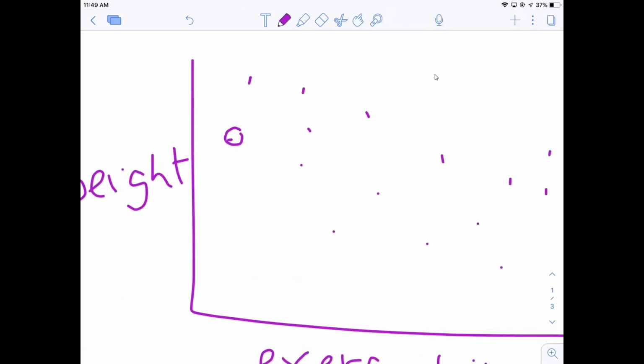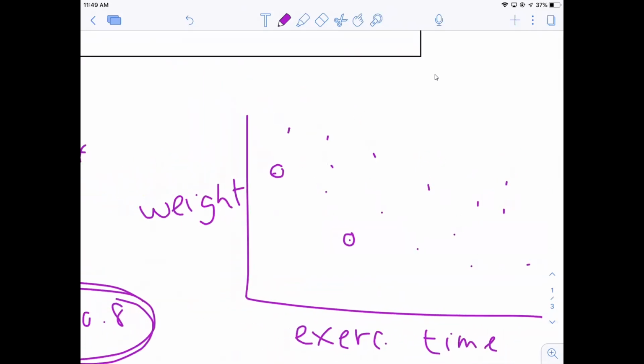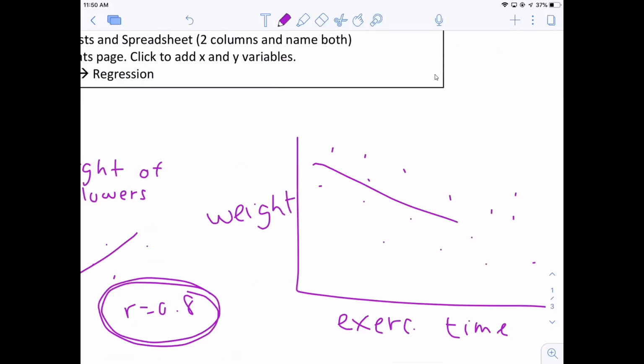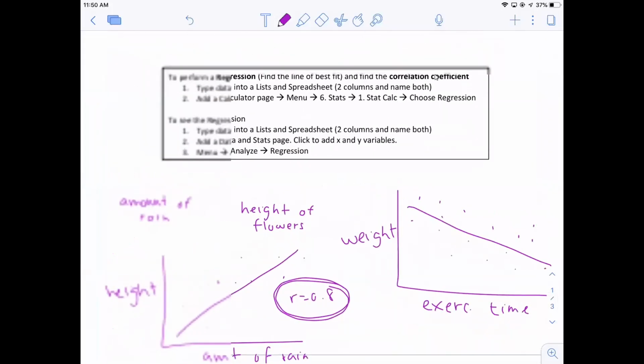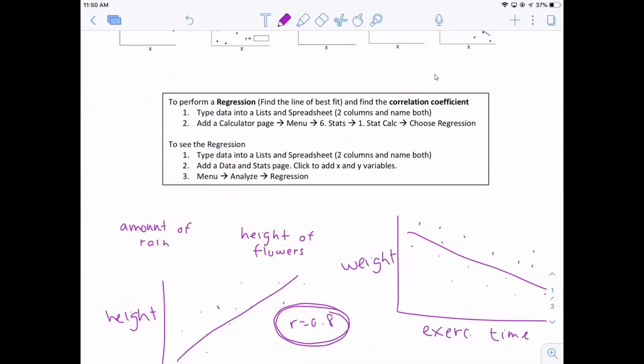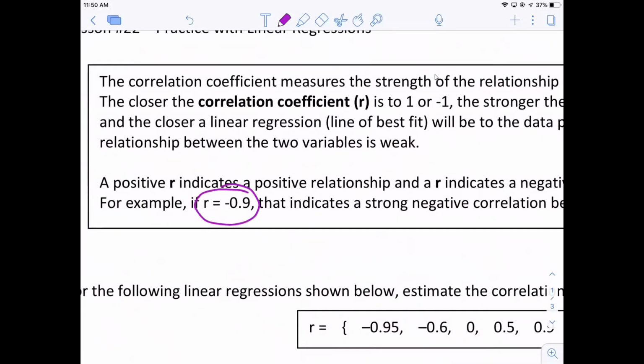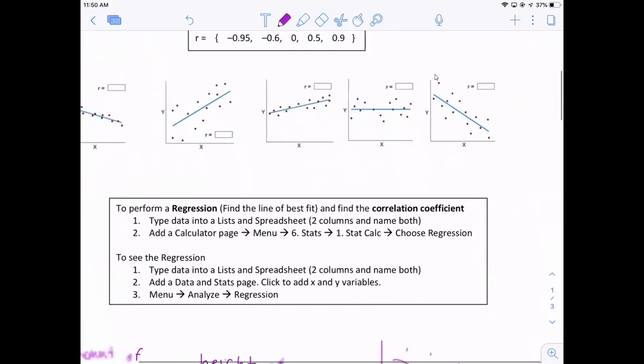Each one of these data points would represent the amount of time someone spent exercising and then their corresponding weight afterwards, right? So over here, there might be a negative relationship, and depending on how strong that relationship is, that is going to give us the R value, which we would get using the calculator.